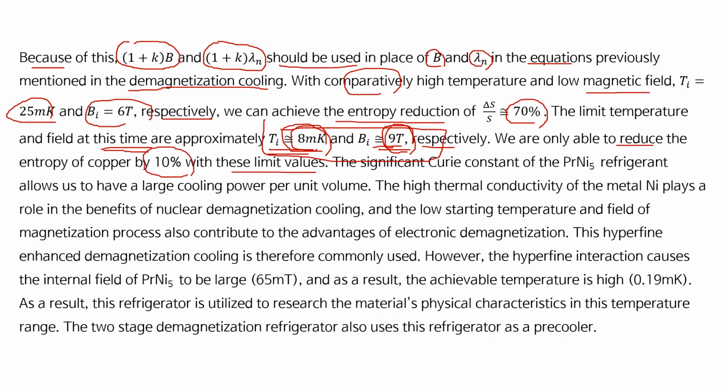But for the PrNi5, we use a little higher temperature, 25 millikelvin, and a little lower magnetic field for the demagnetization process, but we can achieve an entropy reduction of 70%.